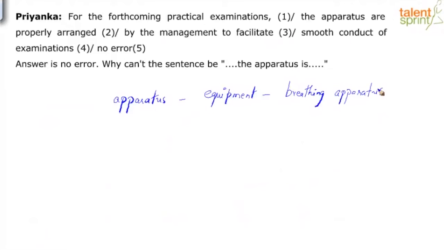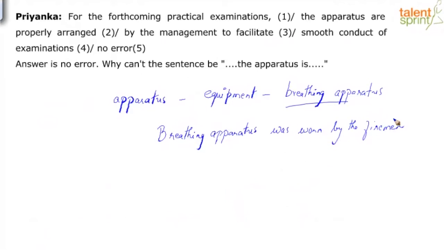So if that is the meaning the context is giving, then probably you could use a singular verb, right? Let me use this itself. So let's say the breathing apparatus was worn by the firemen. But at the same time, apparatus can also refer to things needed for a particular task, or whatever purpose.